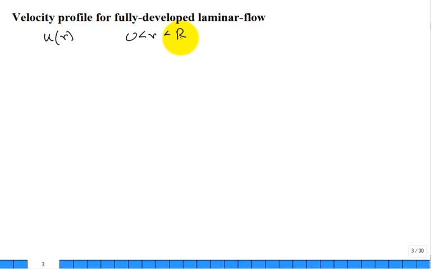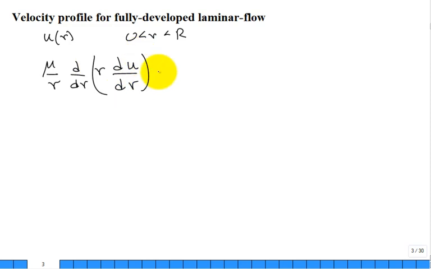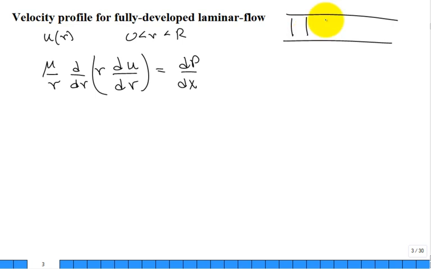In fluid mechanics, you get the viscosity divided by R, the derivative with respect to R of R times the change of U with respect to R, is equal to the change in the pressure with respect to X. So the pressure is a function of location X.